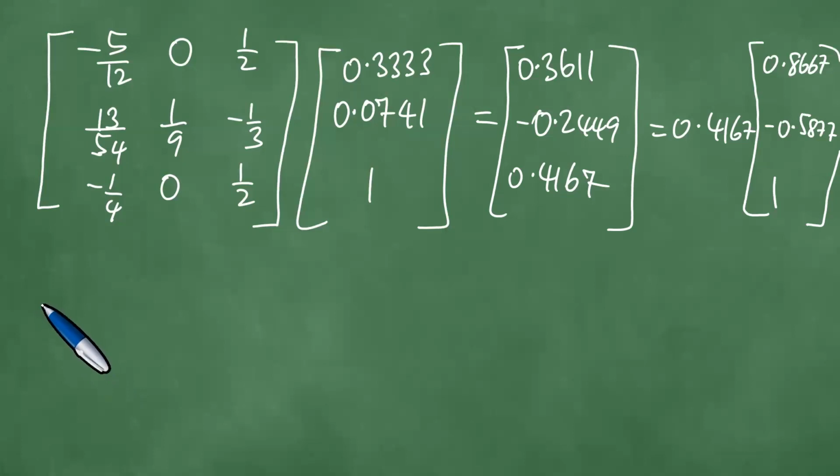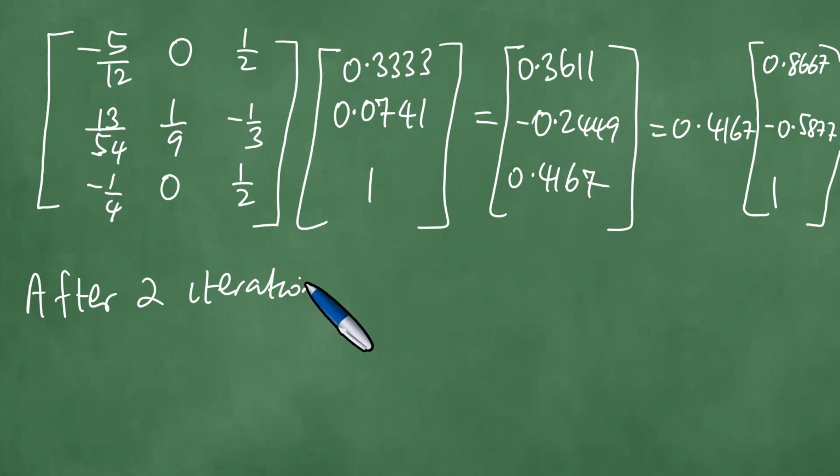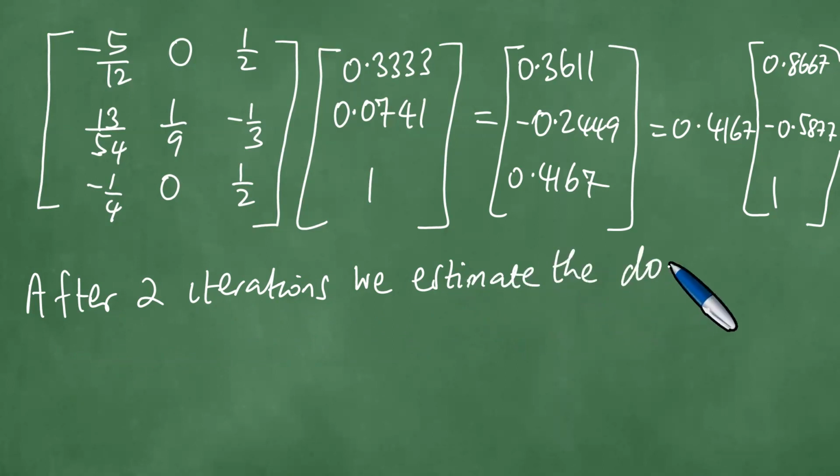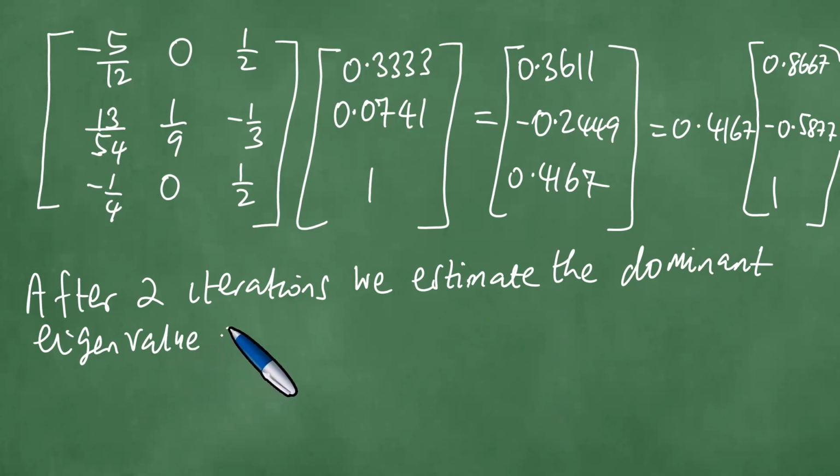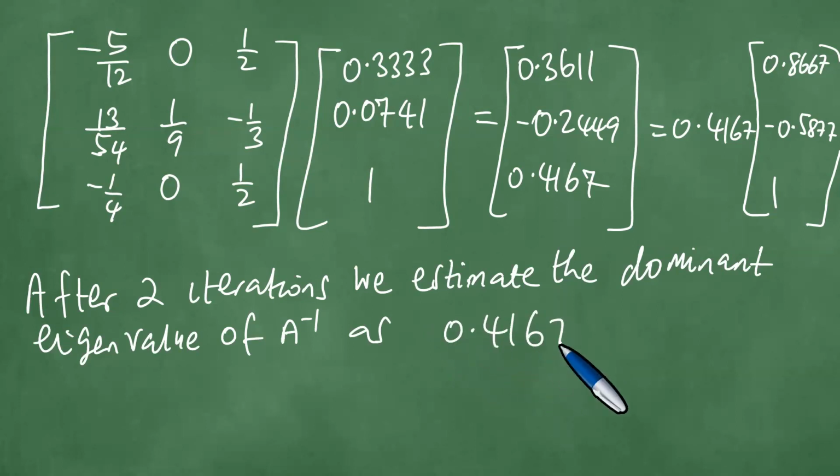After 2 iterations, we estimate the dominant eigenvalue of A inverse as 0.4167.